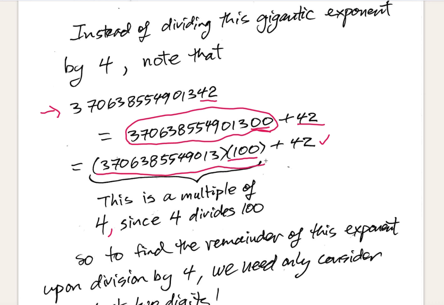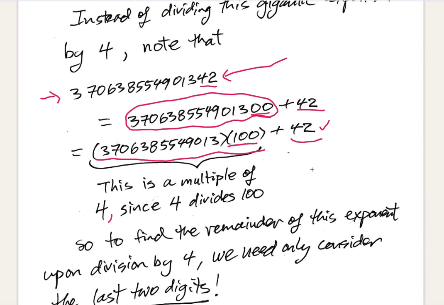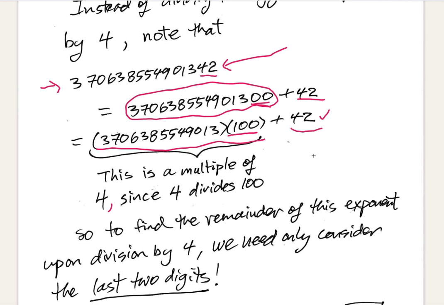That's not very interesting. That's not going to really help me. If I want to find the remainder to the whole thing, this number divided by 4, what I should do is just divide the last 2 digits by 4, then we should find that remainder. And that'll be the remainder for the whole big exponent there.